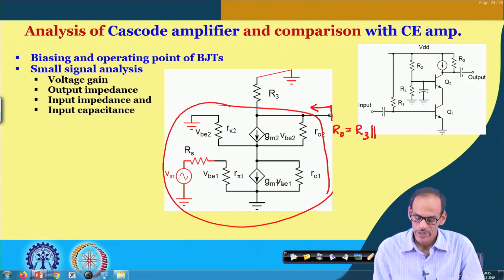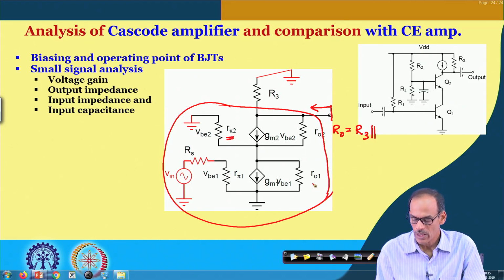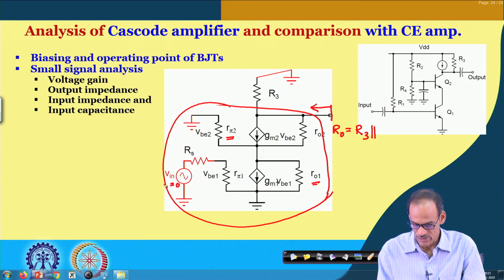If I want to know the resistance of this circled circuit, you can say that this R pi 2 and R O1 are coming in parallel. Of course, I have to make the signal equal to 0. So, that makes this equal to 0, so this part is 0, and we can ignore that part.